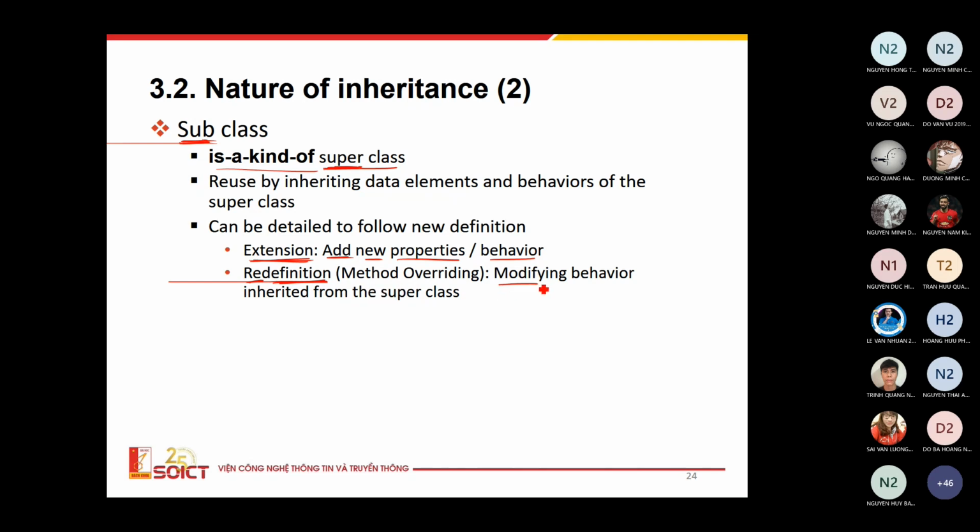That means it can modify the behavior which is inherited from the superclass. So they can do these two new things. Firstly, they inherit data from the superclass, but they can add new ones, or they can modify the inherited members. So you have to remember that.